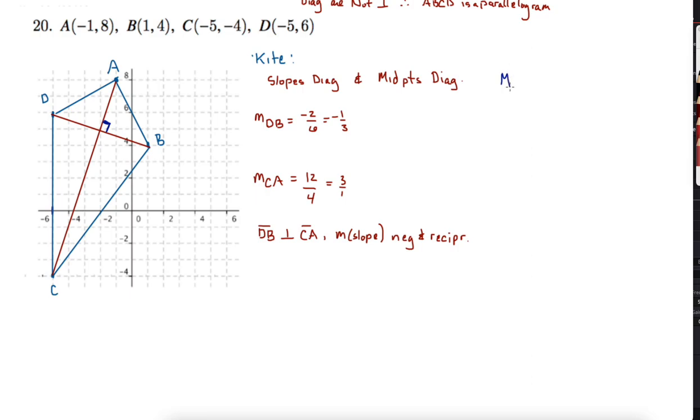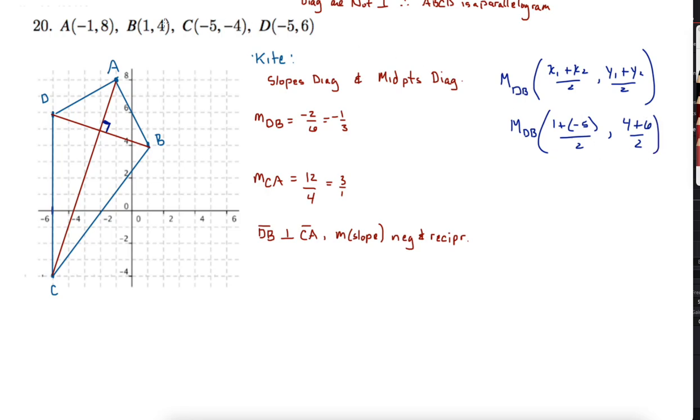So the midpoint of DB. We're going to do x1 plus x2 divided by 2, y1 plus y2 divided by 2. D and B, so 1 plus negative 5, and for the y's, 4 plus 6.